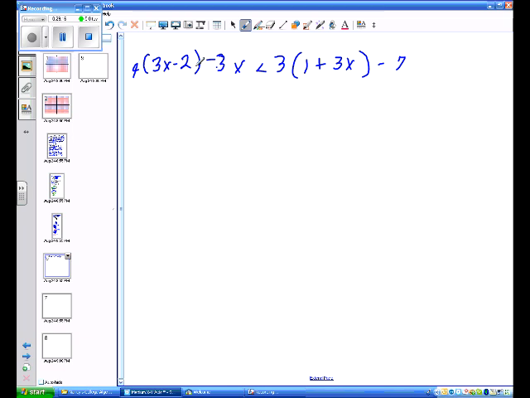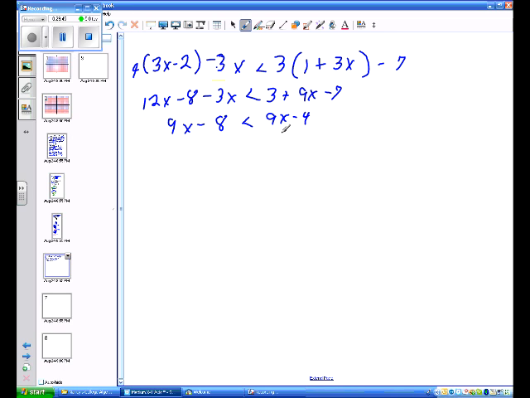We still go through and remove our parentheses just like we would with an equation. So we're going to have 12x minus 8 minus 3x is less than 3 plus 9x minus 7. Combining our like terms, 12x minus 3x would be 9x minus 8 is less than 9x minus 4.